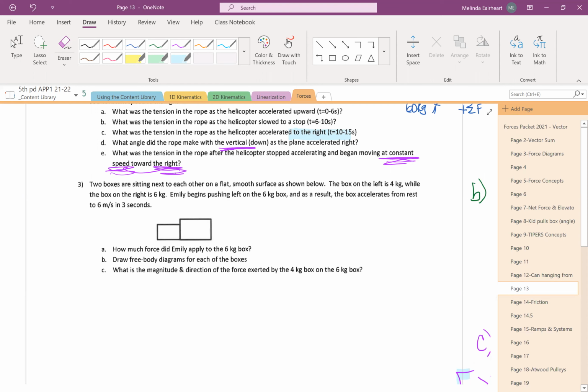Walking with the microphone. Now I'm going to have to accelerate a little bit, but then I'm going to walk at a constant speed. Watch what angle the microphone rope makes with the vertical. So constant speed. What do we see? Straight up and down. And so it makes a 0-degree angle with the vertical. Gee, what would our diagram look like on part E?